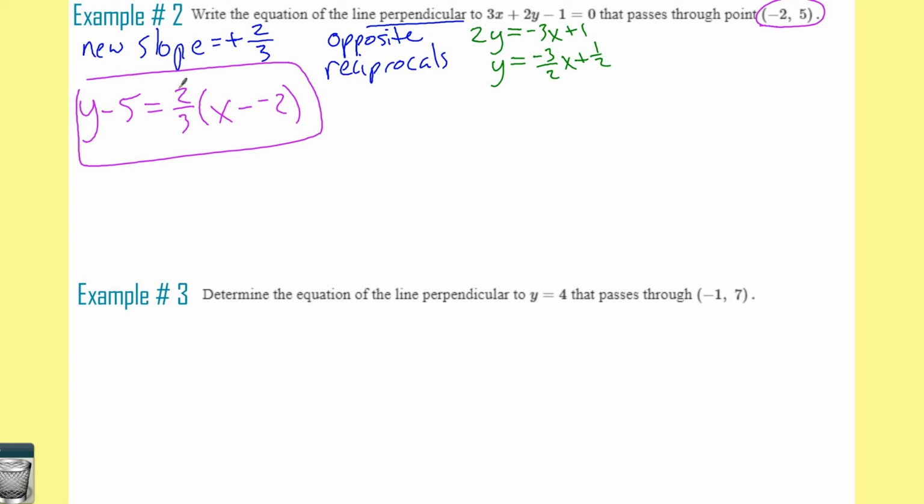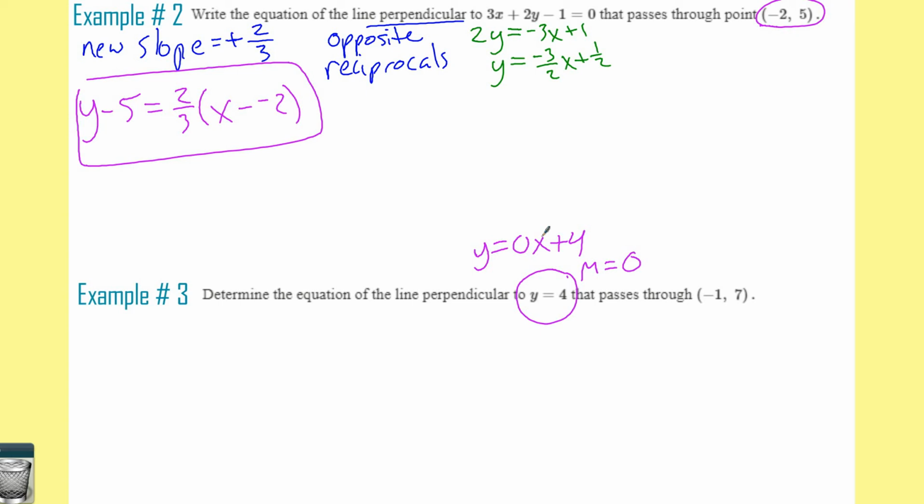All right, so now let's do number 3. Determine the equation of the line perpendicular to y equals 4. Here we have to remember what the equation y equals 4 means. If we think of y equals 0x plus 4, that's an indication that our slope is 0.